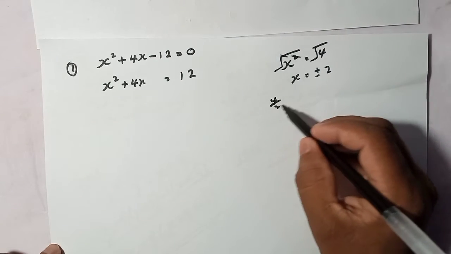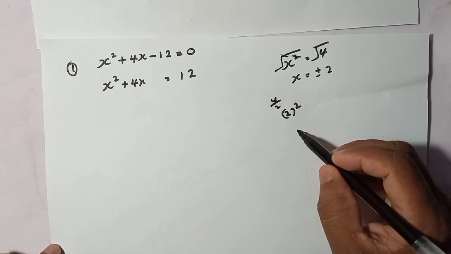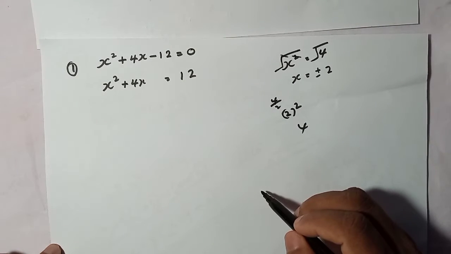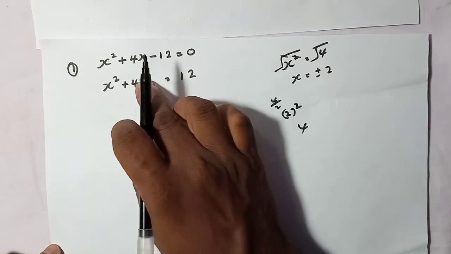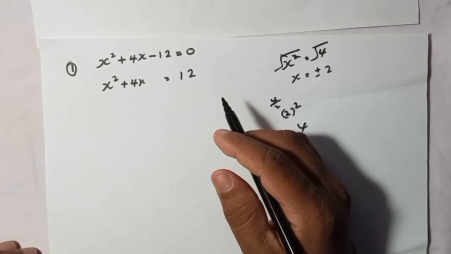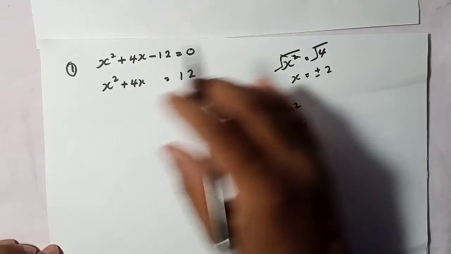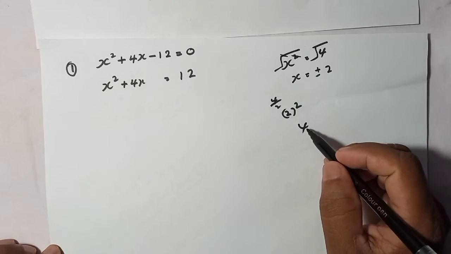So 4 divided by 2, the answer is 2, and then get the square of that. 2 square means 4 again, right? So that's the idea. Now we can add 4 to both sides. In an equation you can add the same value to both sides, so it doesn't change anything. So that's why we are doing that.